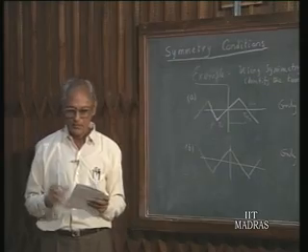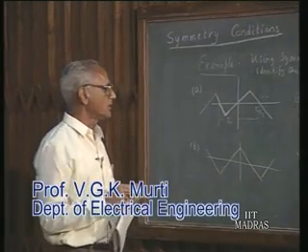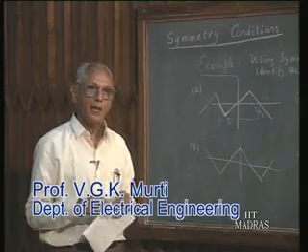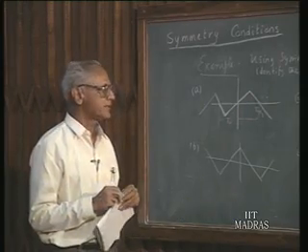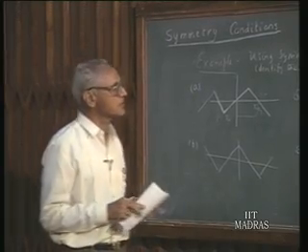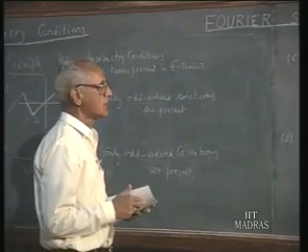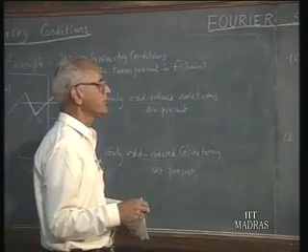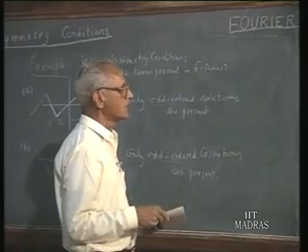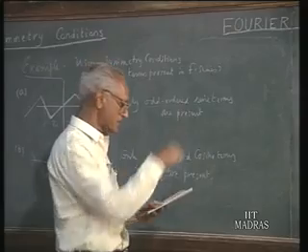Therefore, the placing of the origin plays an important role, but that does not affect the amplitude of the harmonic, as we will see a little later. It is also possible for us to note that when you remove the DC term from a given signal, sometimes you find certain characteristics which may not be present in the original signal, as this example shows.